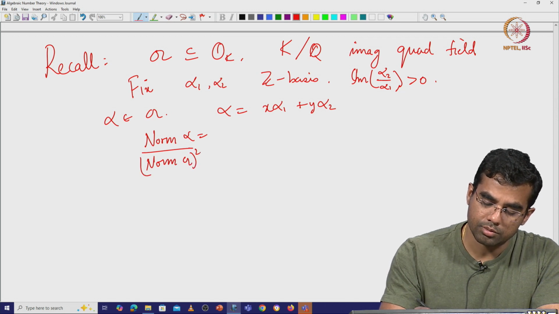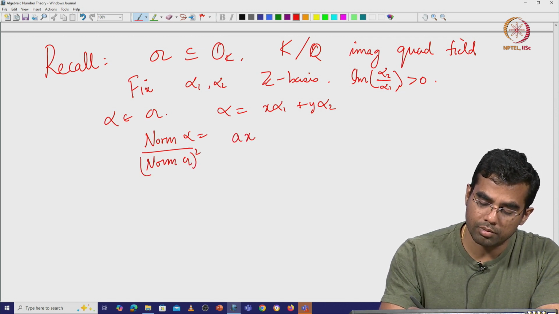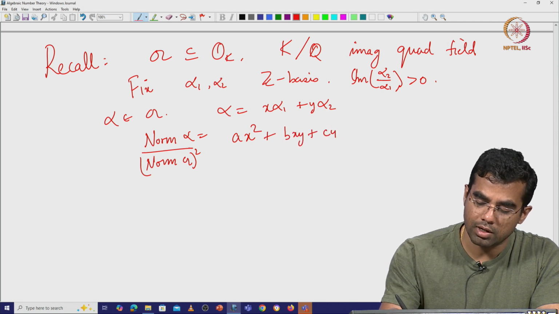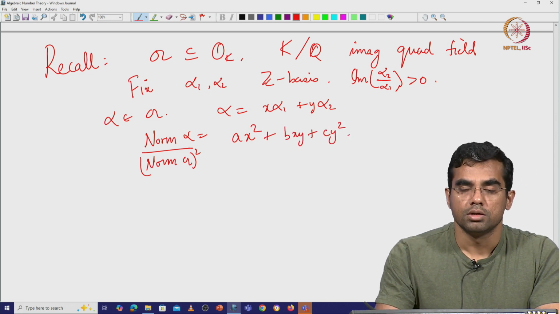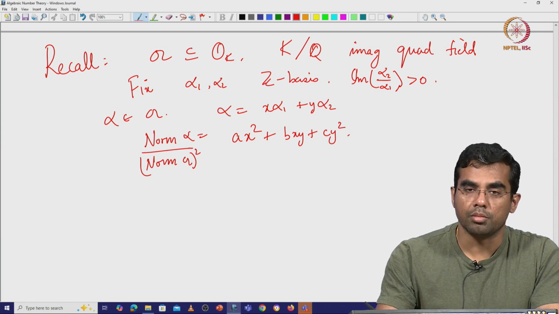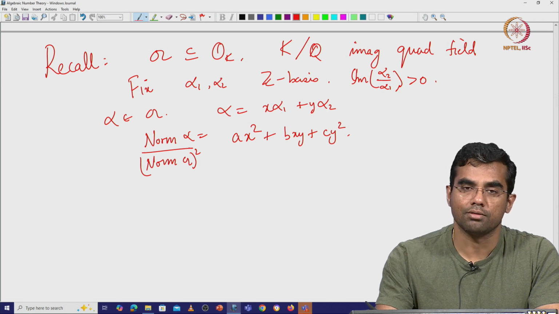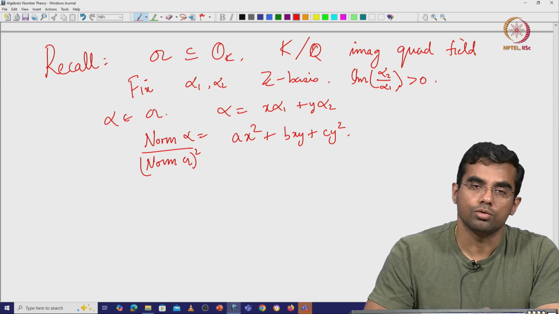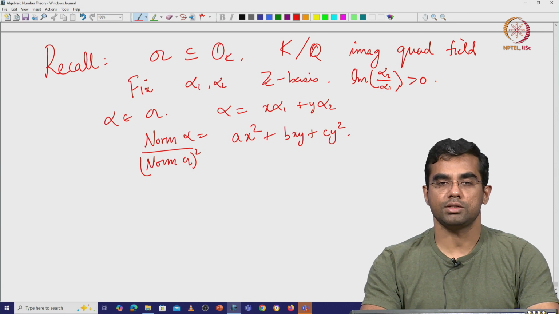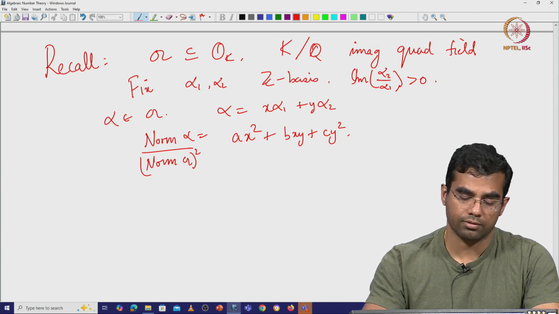This will be of the form x squared plus bxy plus cy squared. So, this is the binary quadratic form that is associated with A and the choice of basis alpha 1, alpha 2, and if you choose a different basis, you get an equivalent binary quadratic form.